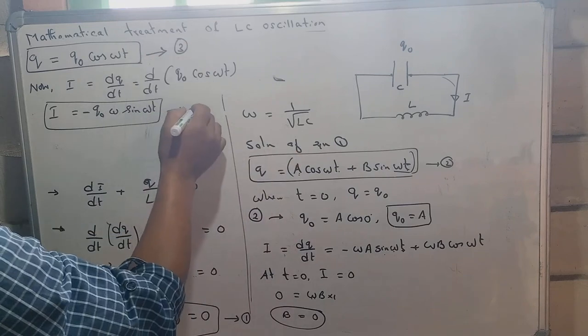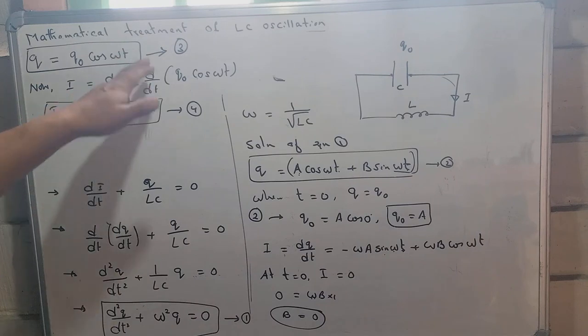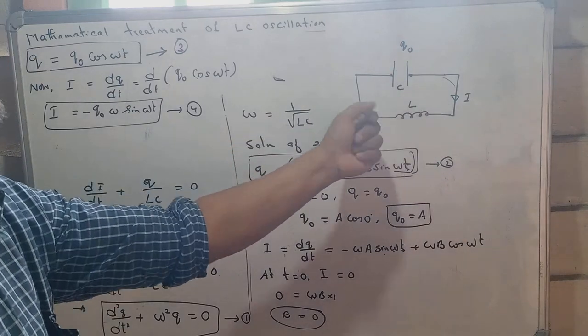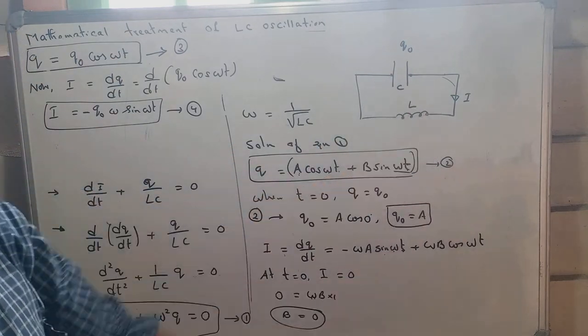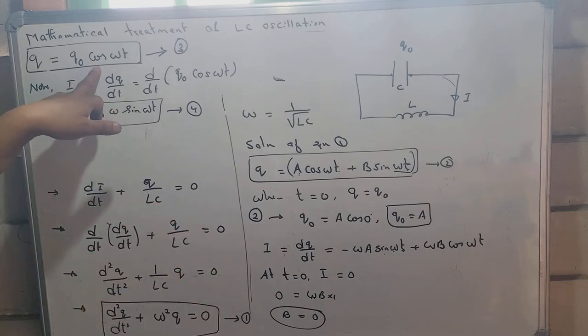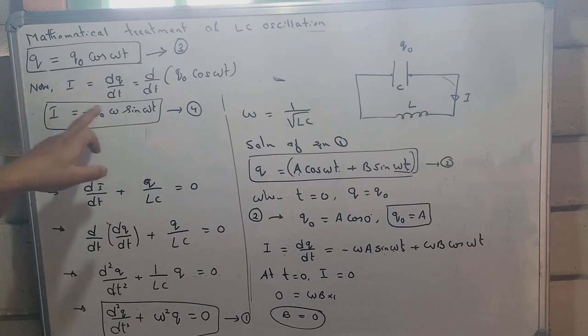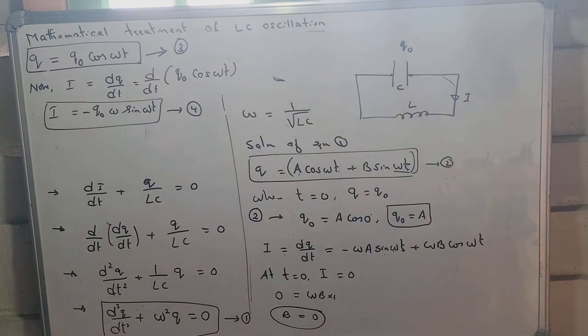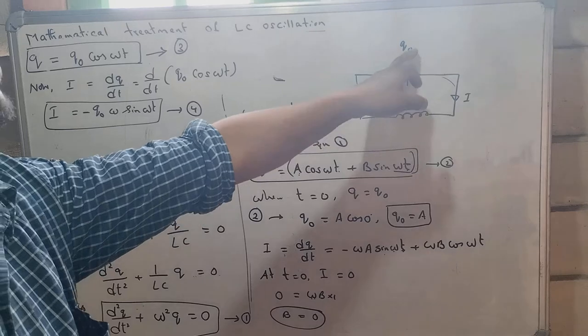Looking at equation 3 and equation 4, I conclude that the charge, which is oscillating between the capacitor and the inductor, varies cosinusoidally. And the current flowing in the circuit, because of the presence of sine omega t, varies sinusoidally with time. The maximum value of charge in the capacitor is Q naught.